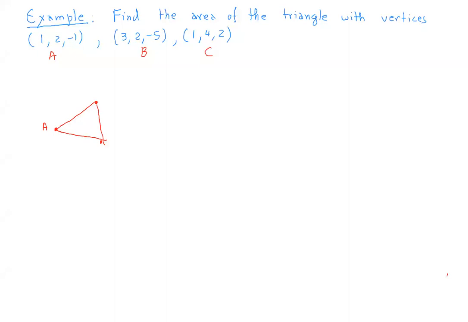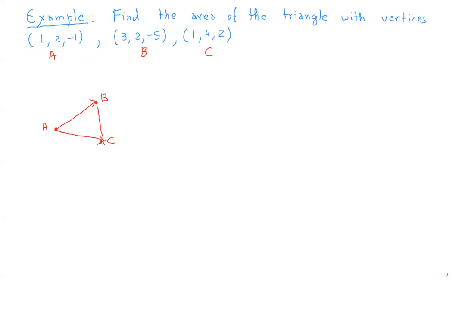But let's say, for the sake of the argument, that this is the triangle whose area we wish to compute. The idea is pretty simple. Form two vectors, AB and AC, and take half of the magnitude of the cross product of those two vectors.